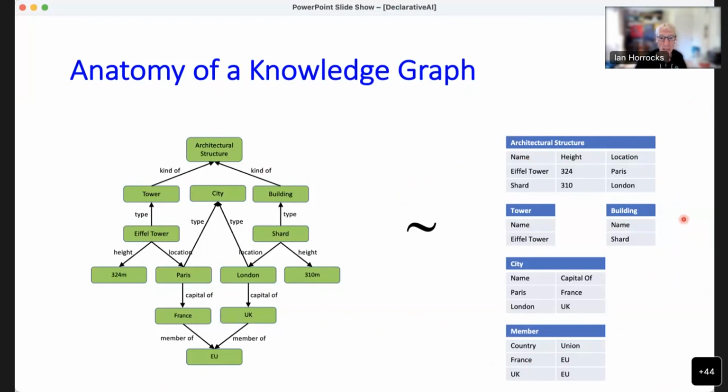And there are well-known and pretty standard ways of taking a graph and storing it in relational tables, and vice versa, taking some tables and translating them into a knowledge graph.